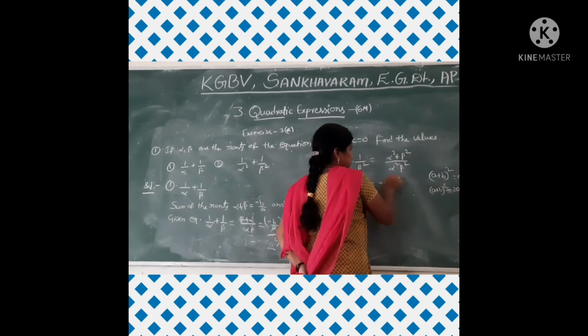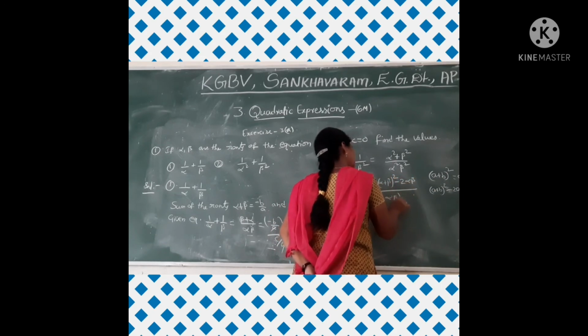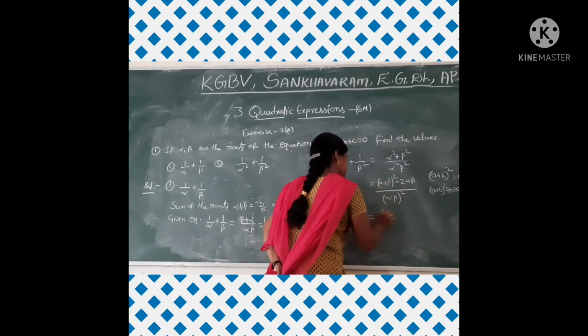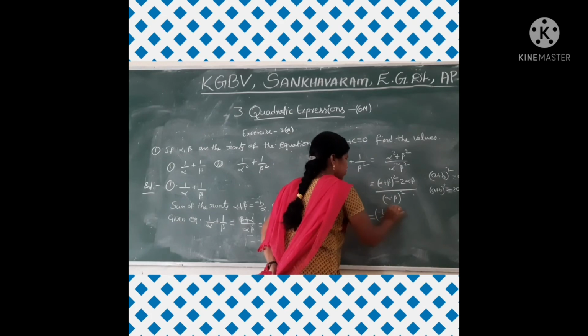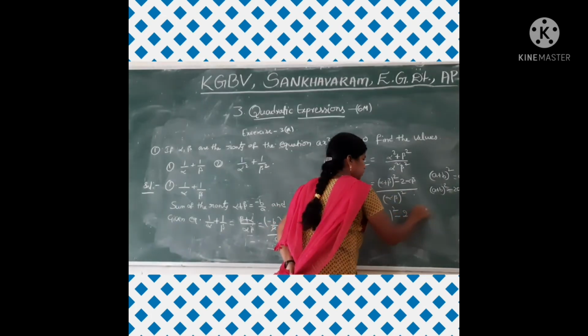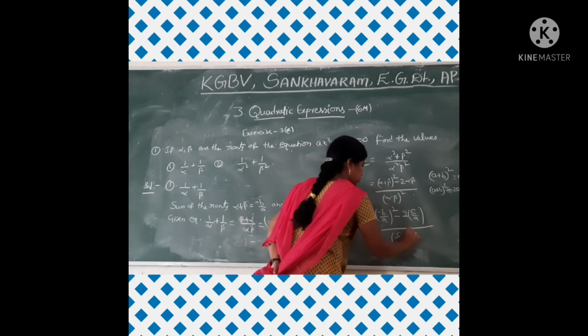Here write alpha plus beta whole square minus 2 alpha beta by alpha beta whole square. Alpha plus beta means minus b by a whole square, minus 2 into alpha beta, which is c by a, by c by a whole square.